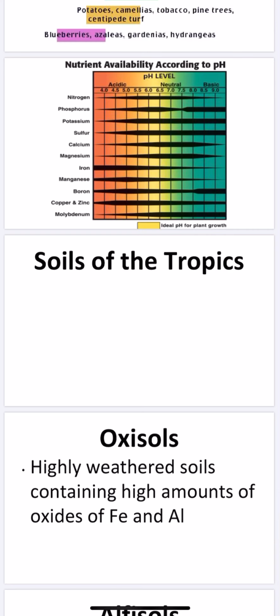and again at 8 and above. While potassium is available when the pH is neutral to basic, as well as sulfur. But for calcium, it's only from the range of 6 to 8.